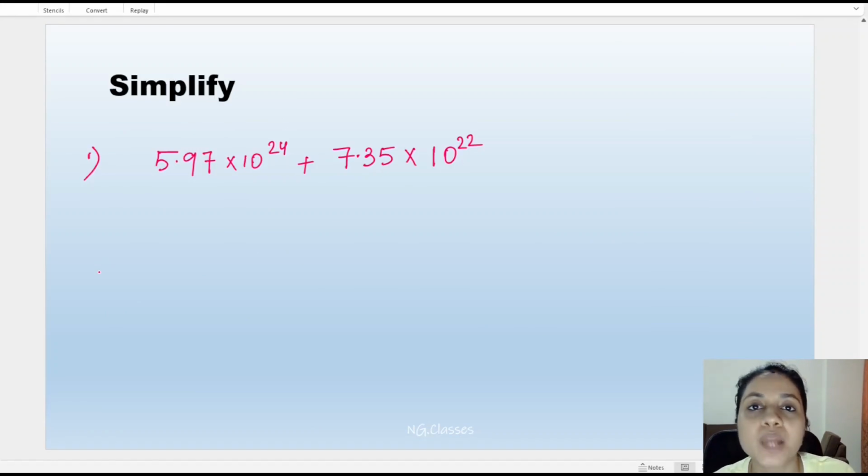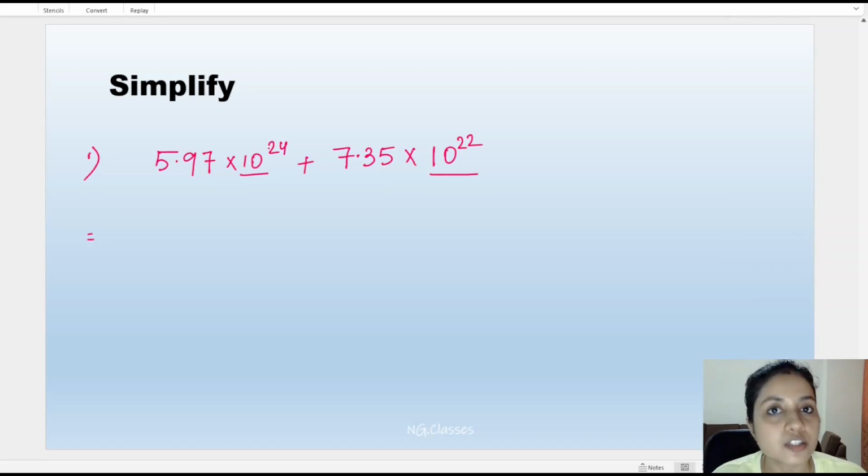Now let's do one simplification. Here we will apply the properties of exponents. As we can see, we have 5.97 times 10 to the power 24 plus 7.35 times 10 to the power 22, which are such large numbers, right? Since the exponents are not the same, we cannot add them directly.